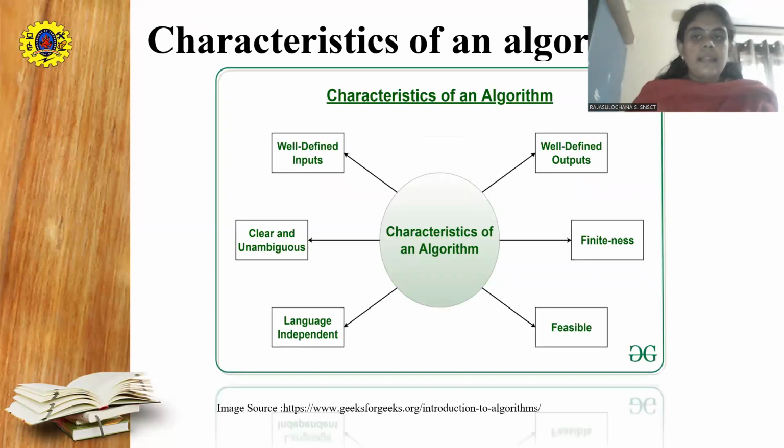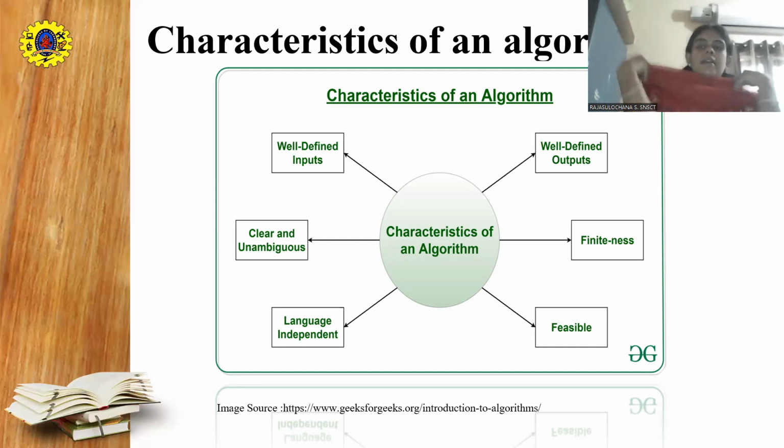Which is pictorially represented as shown here. It should contain well-defined inputs, well-defined outputs, and the algorithm steps should be clear and unambiguous, and it should be finite, and it should be language independent, which is the main criterion that you need to check. The algorithm you are designing should be language independent.